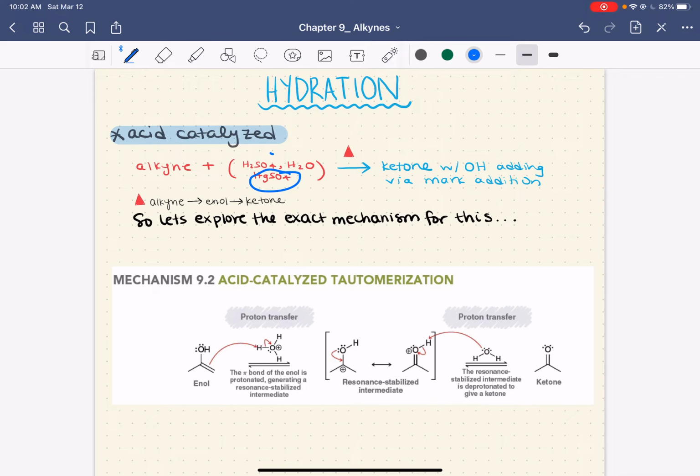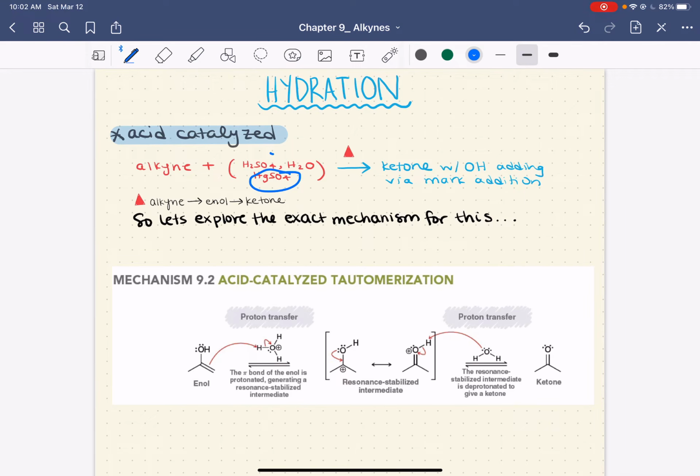This mercuric sulfate catalyzes the reaction and it activates the alkyne towards nucleophilic attack through the initial formation of this mercurinium ion. After attack, this mercurinium ion is going to be attacked by water to produce an enol, and the resulting compound is called an enol because it has a double bond and an alcohol group.